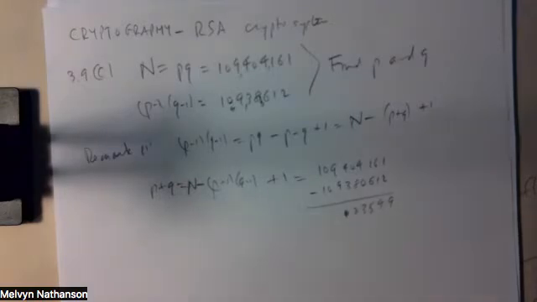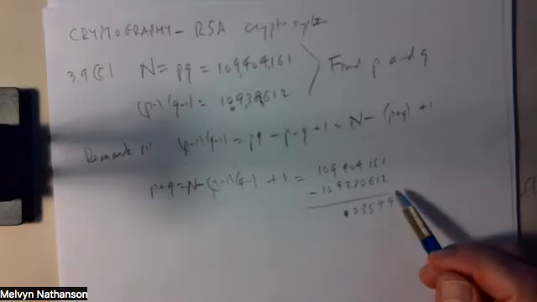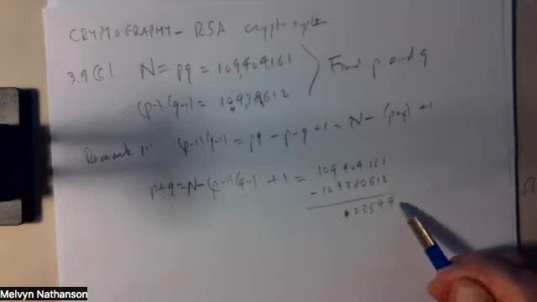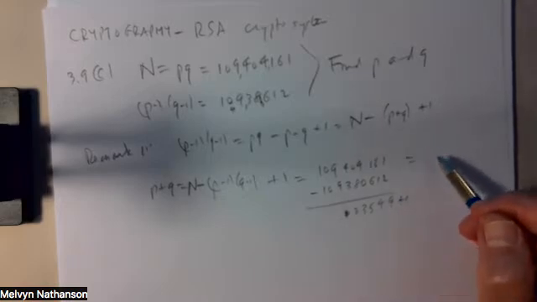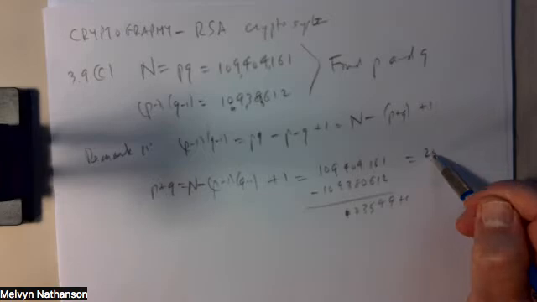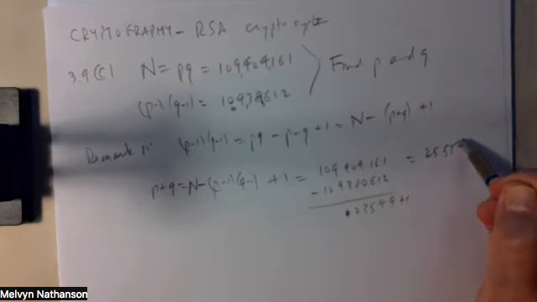Let me just double check on my computer because I don't want to get the arithmetic wrong, if I can avoid it. 109,404,161 minus 109,380,612. That's 23,549. And then I have to add 1. So this is equal to 23,550.